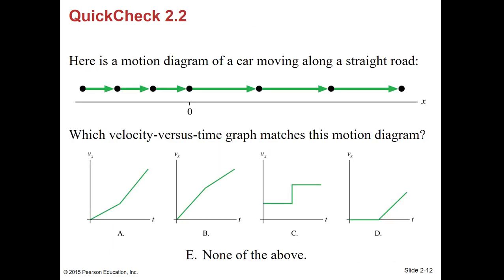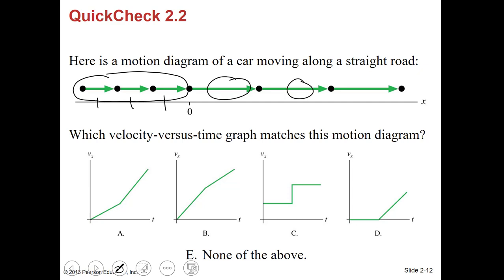So here's a quick check. Here's a motion diagram of a car moving in a straight line. Which velocity versus time graph matches the motion? Okay, so first thing, down here, these are velocity versus time graphs. So the first 3 arrows here indicate a positive velocity, but it's the same. This, all the same. And then it gets larger.